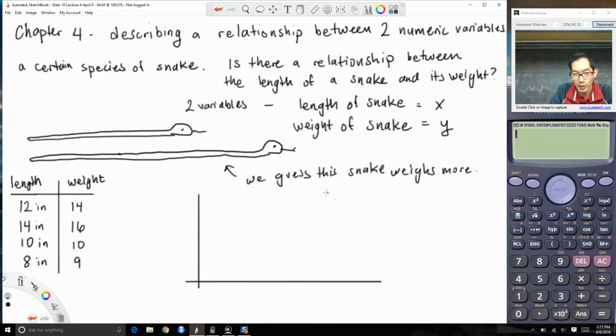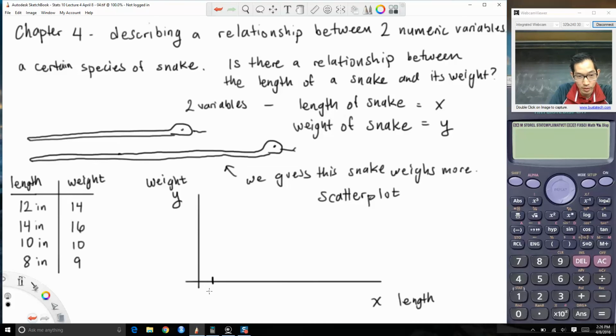And this display is called a scatter plot. And you just create coordinate pairs here. So along the X we will have length, and along the Y we will have weight. Okay, so what do I have?